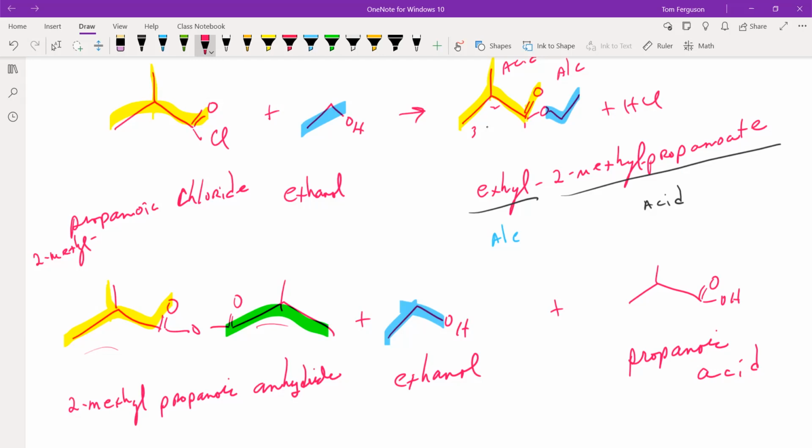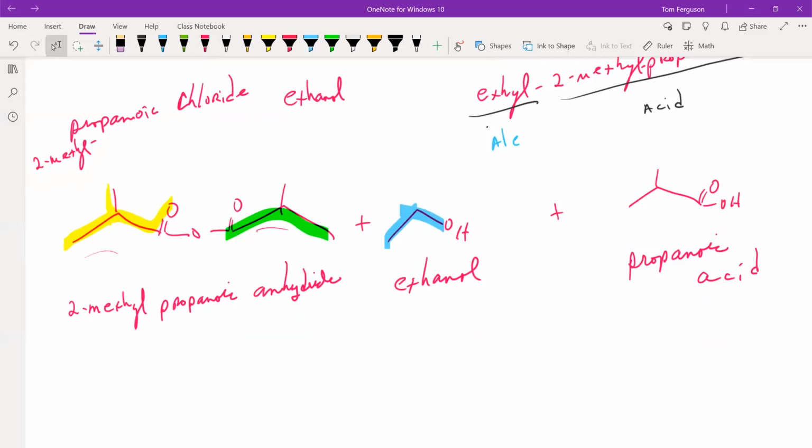Okay, so we could have also started with the acid, plain old acid, to give the ethyl 2-methyl propionate.